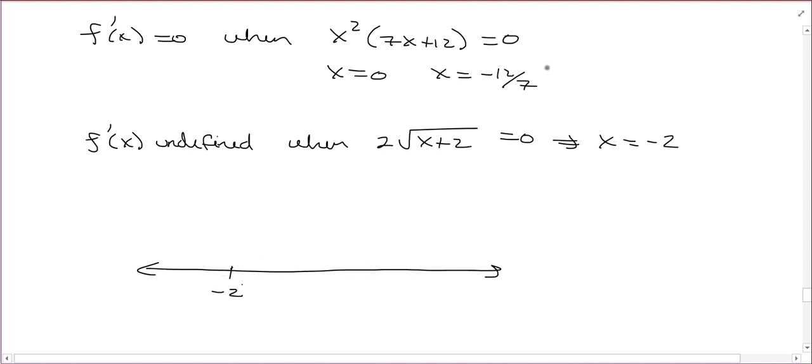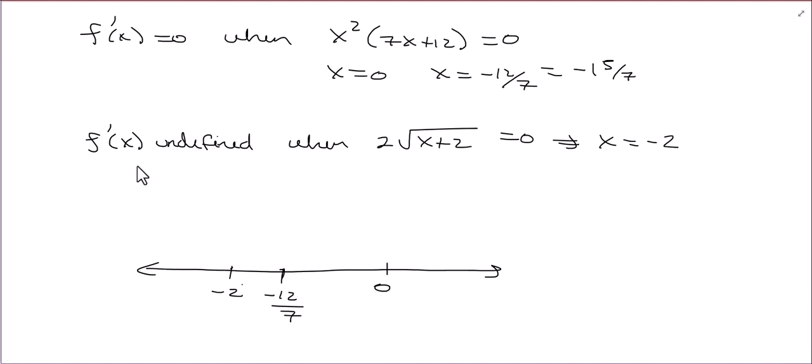So let's see. 7 sevenths is 1, right? So this is then negative 1 and 5 sevenths. So not quite negative 2. Negative 14 sevenths will be negative 2. So then negative 12 sevenths is somewhere over here, not drawn to scale, and then 0.